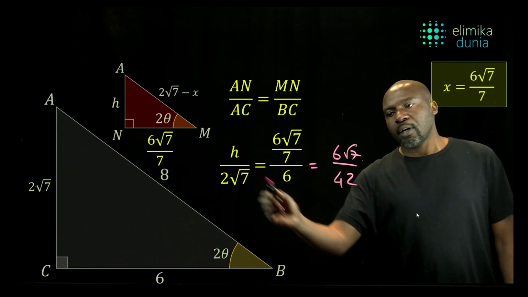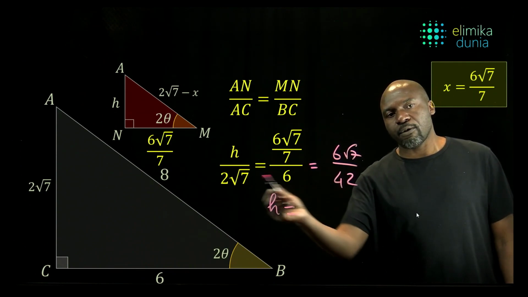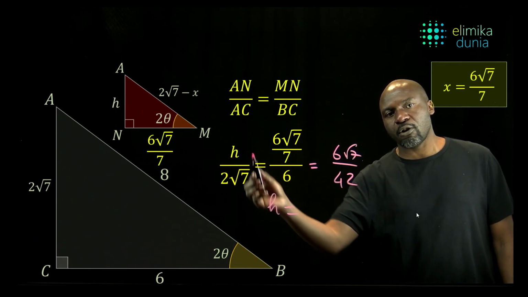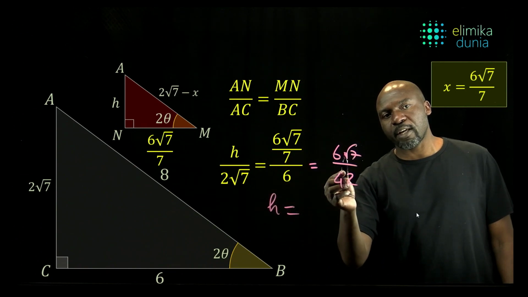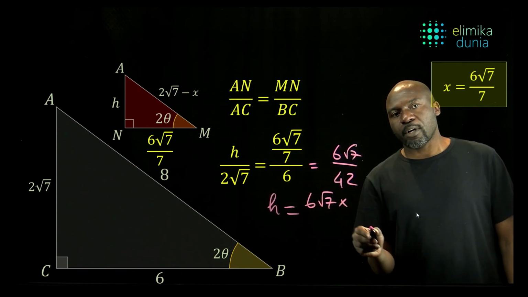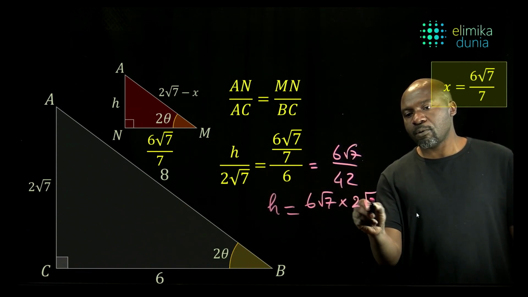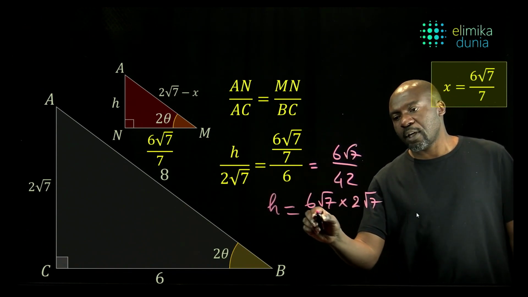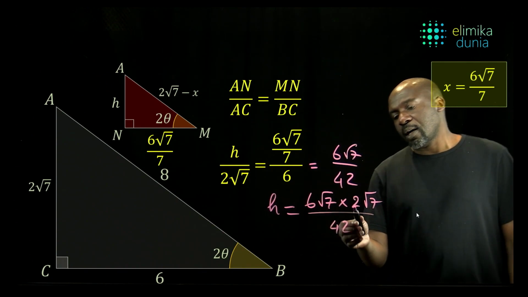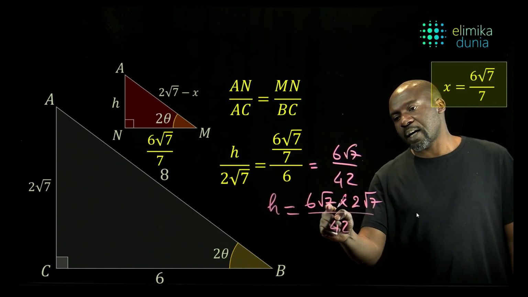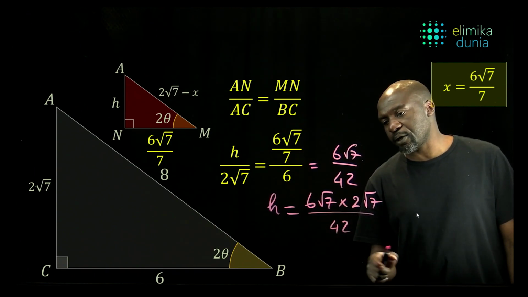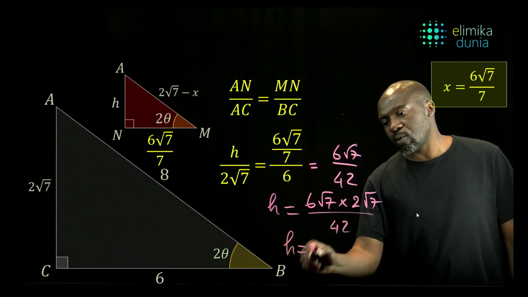Now h, therefore, equals, I can multiply 42 with h, or take that and multiply there. And so I have 6 root of 7 multiplied by 2 root of 7, and everything divided by 42. That gives me 12 times 7, which is 84. 84 divided by 42 gives me h equals 2.